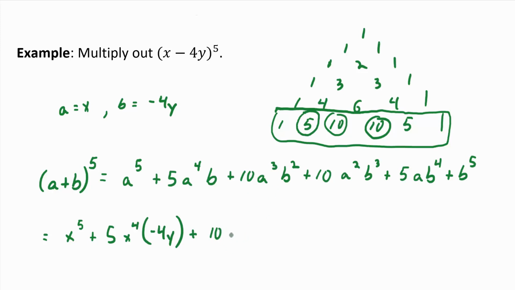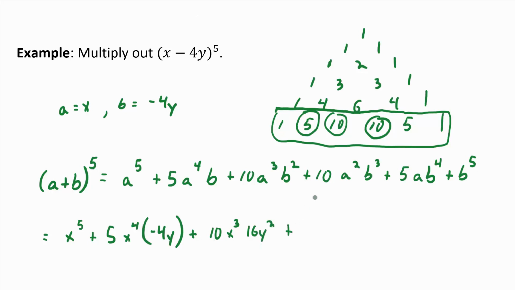So you're filling in 10a cubed b squared with the appropriate a and b. 10 x cubed, negative 4y squared. And if you feel like it, since it's easy enough, you could go 64y squared. Oh, I'm sorry, 16, excuse me. I said it's easy and then I messed it up. b squared would be positive 16y squared, right? So if you want to fill it in right away, go ahead.